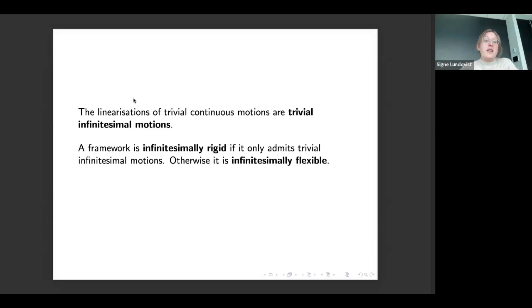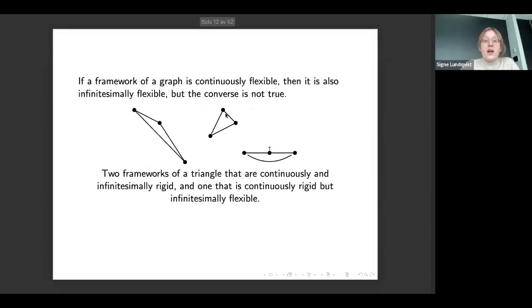All right. So going back to the infinitesimal motions, again, you're going to have linearizations of trivial continuous motions, which are infinitesimal motions for any frameworks in R^d. And a framework is infinitesimally rigid if it only admits trivial infinitesimal motions. Otherwise, it's infinitesimally flexible. So if a framework of a graph is continuously flexible, then it's also infinitesimally flexible, but the converse is not true.